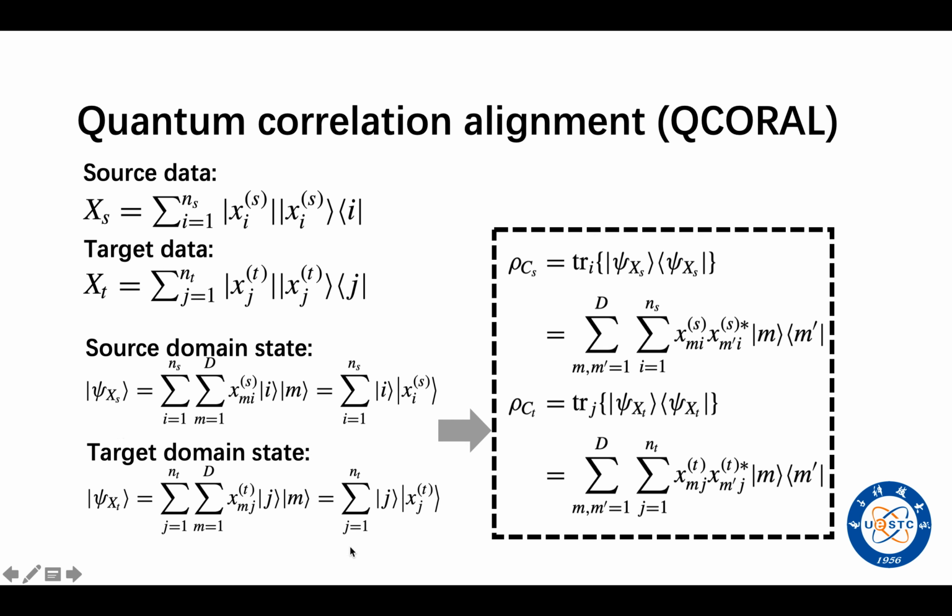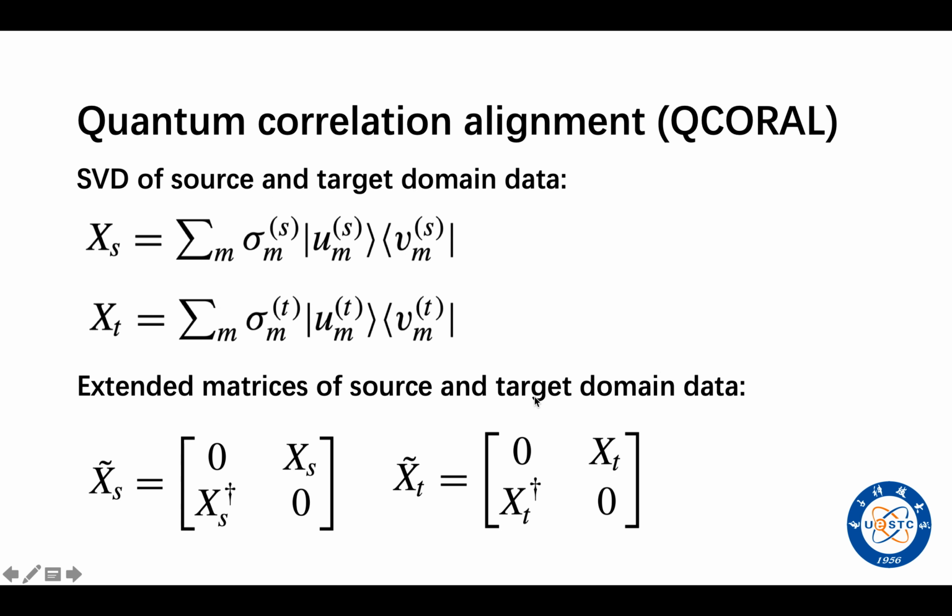In addition, the quantum states corresponding to the source and target domain covariance matrices are ρcs and ρct. Then, the singular value decompositions of xs and xt are like this. For simplicity of the subsequent computation, we extend the matrices xs and xt to xs tilde and xt tilde.